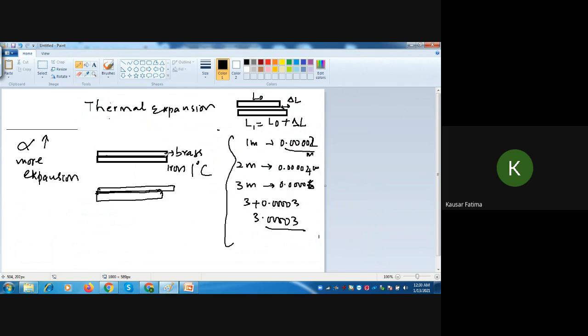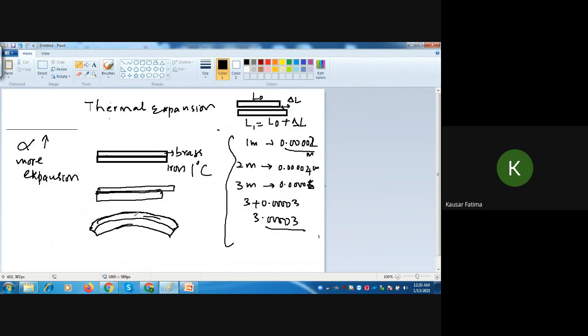Brass tends to become bigger in size, more than iron, so it applies greater force, and on heating it becomes like this. It will bend. It will be curved like this. Both will curve because brass will apply force on the invar or iron.